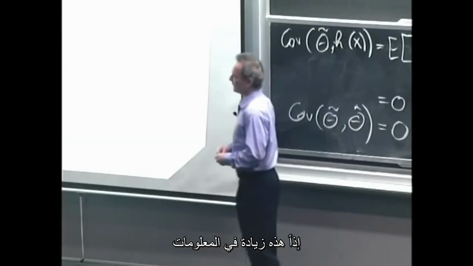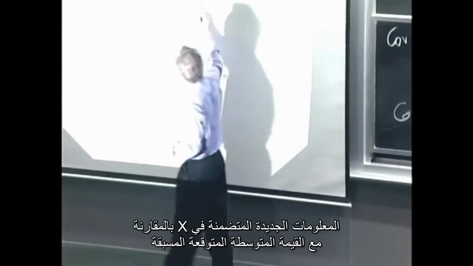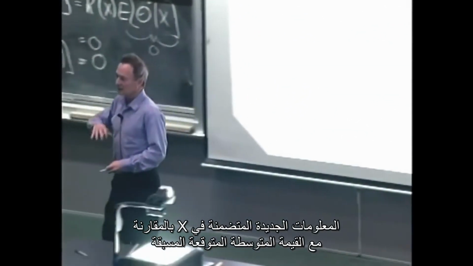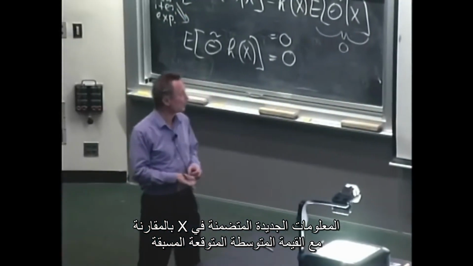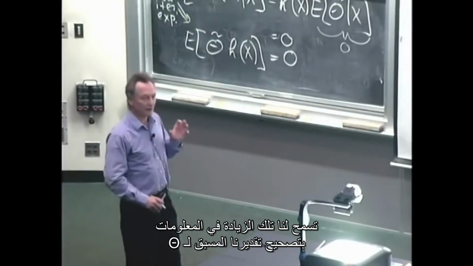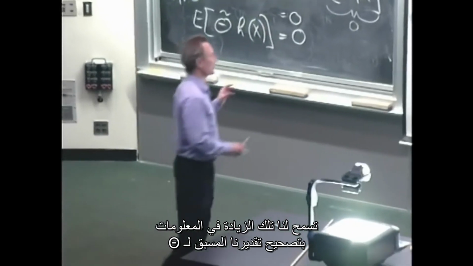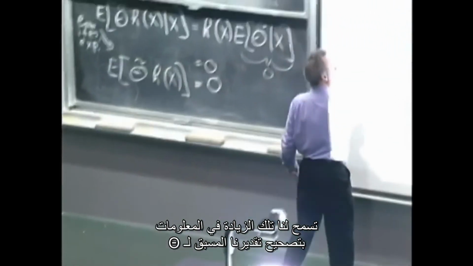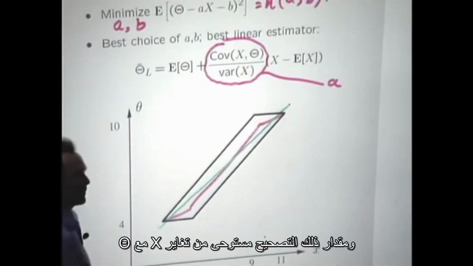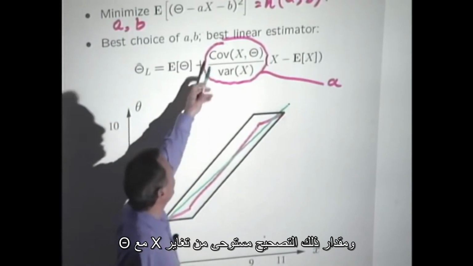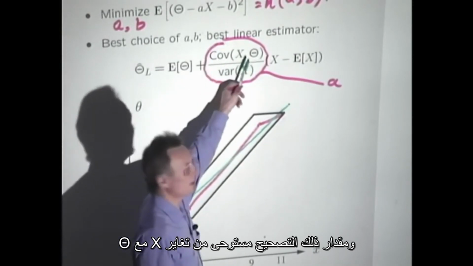So this increment, the new information contained in x as compared to the average value we expected a priori, allows us to make a correction to our prior estimate of theta, and the amount of that correction is guided by the covariance of x with theta.